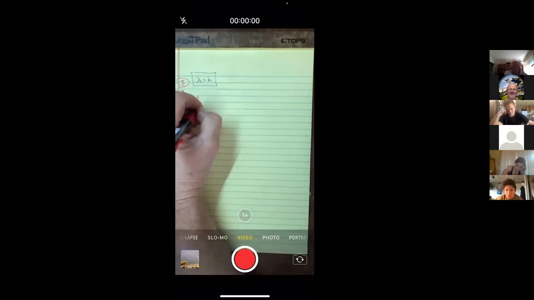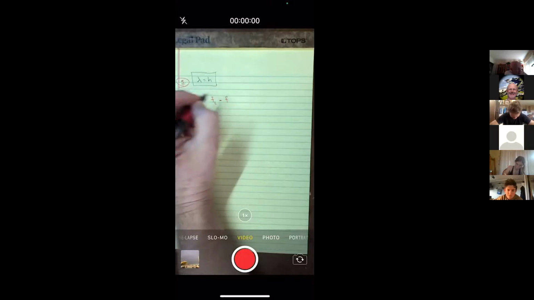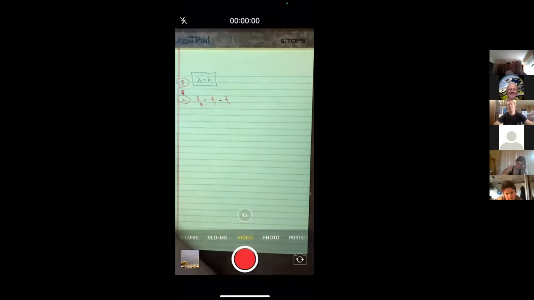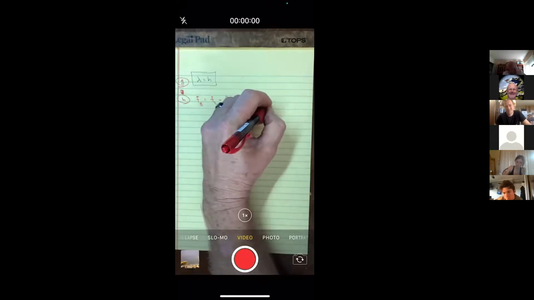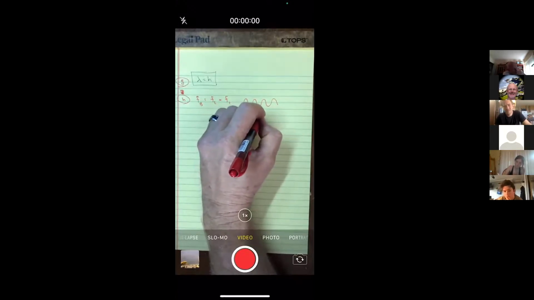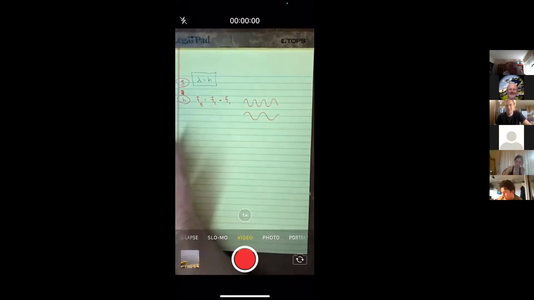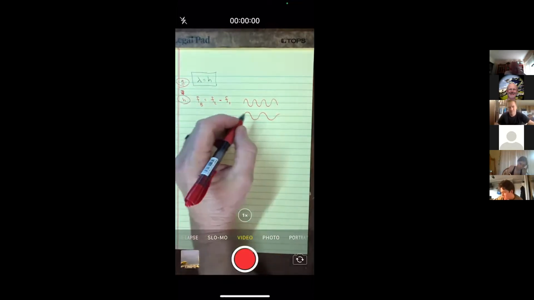So what's called the beat frequency is a result that when you have 2 different waves, maybe I'll do this one, another one that's maybe a little bit longer in wavelength, and therefore a little shorter in frequency.